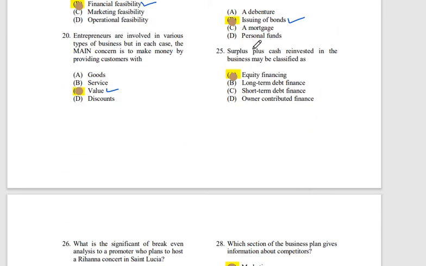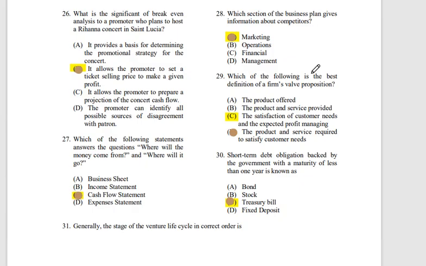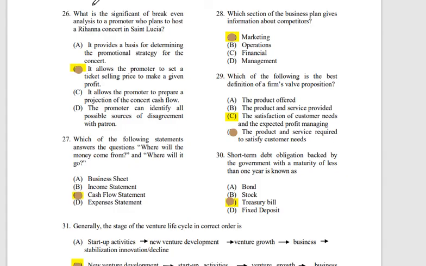Surplus cash reinvested in the business may be classified as equity financing. 26. What is the significance of break-even analysis to a promoter who plans to host a Rihanna concert in St. Lucia?